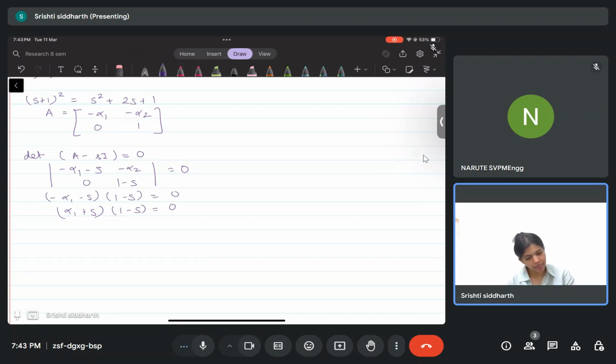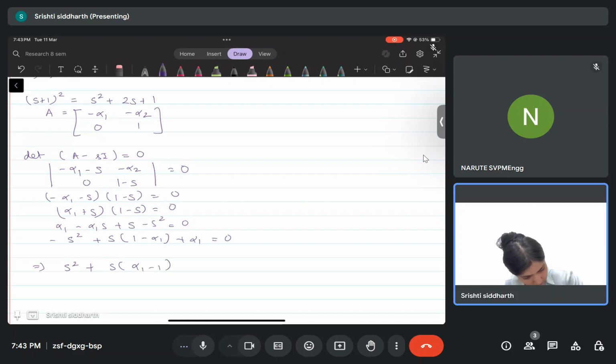Now let's expand this: we have s squared plus s alpha 1 plus alpha 2.